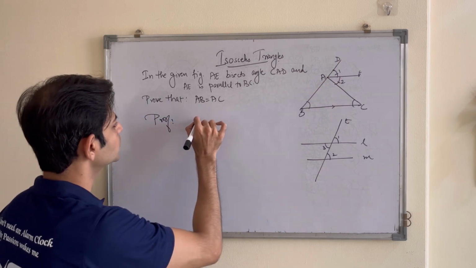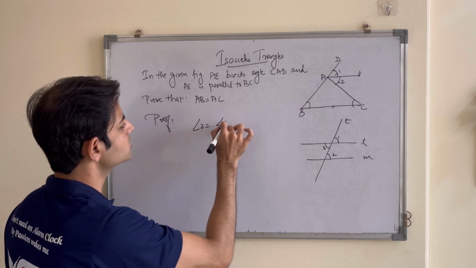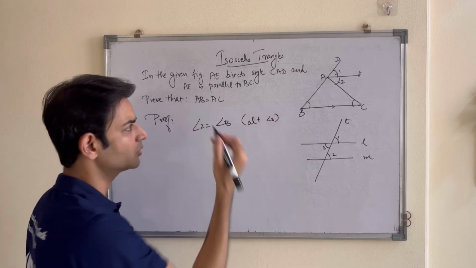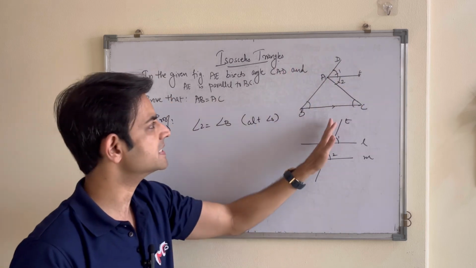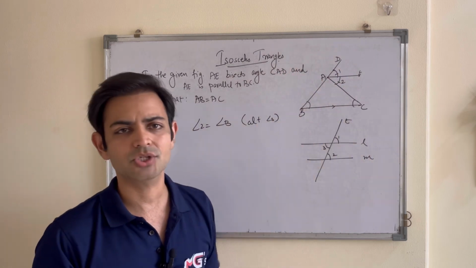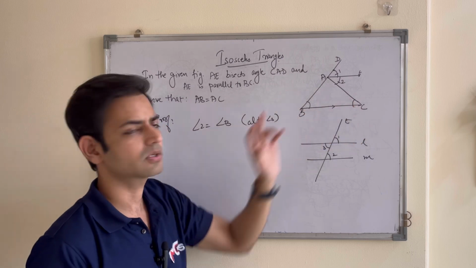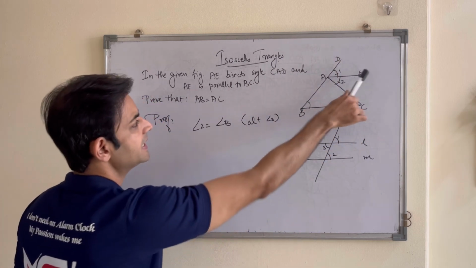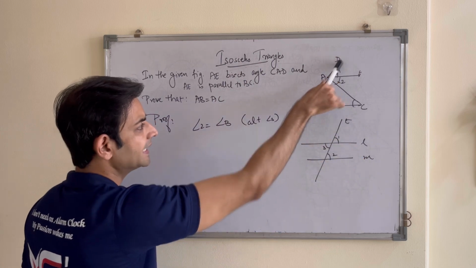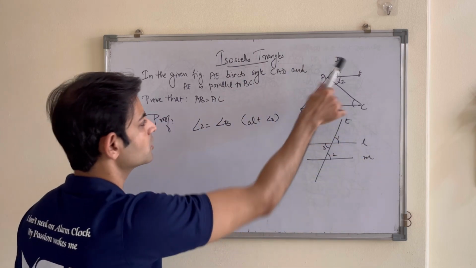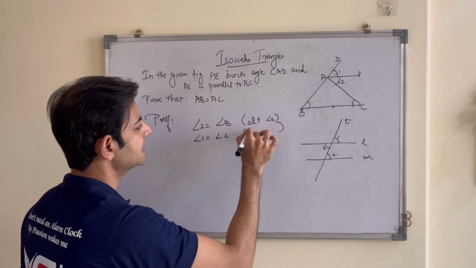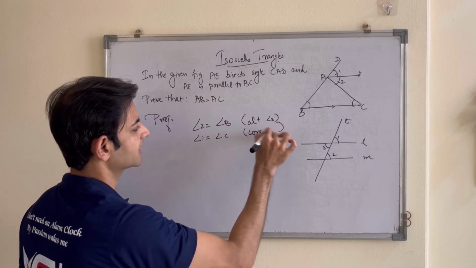Angle 2 is equal to angle C because of alternate angles, and you can always write: AE is parallel to BC and AC is the transversal, so angle 2 is equal to angle C. Similarly, AE is parallel to BC and DB is the transversal, so angle 1 is equal to angle B. This is for corresponding angles.